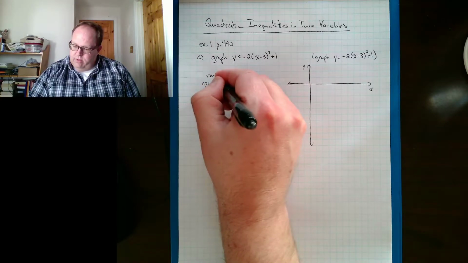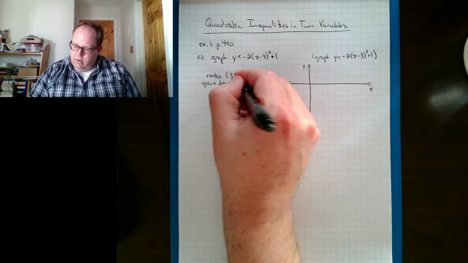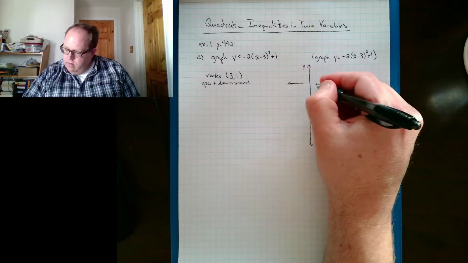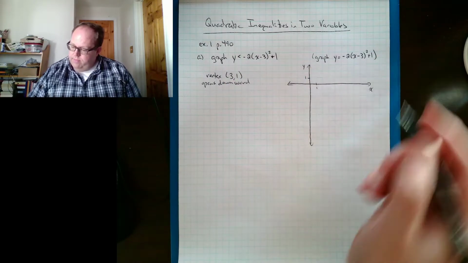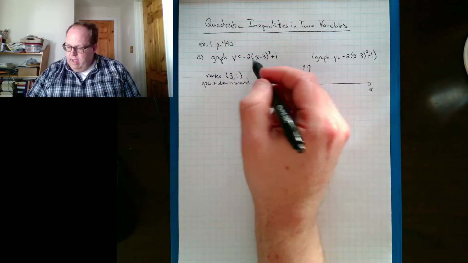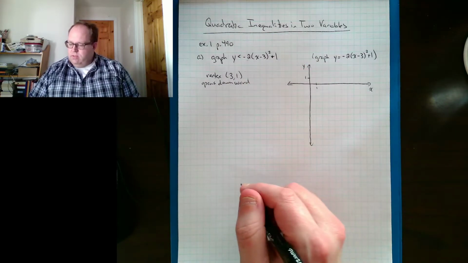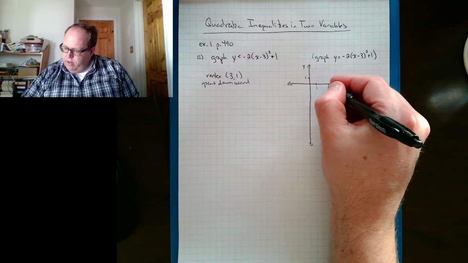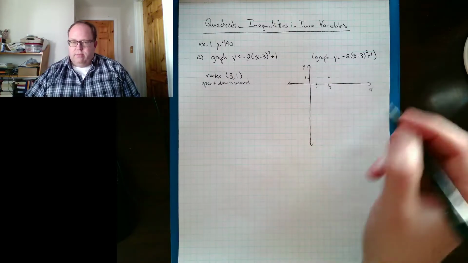It opens downward. And it has a stretch of 2, which we'll use in a second. So the point 3 and 1 is here.